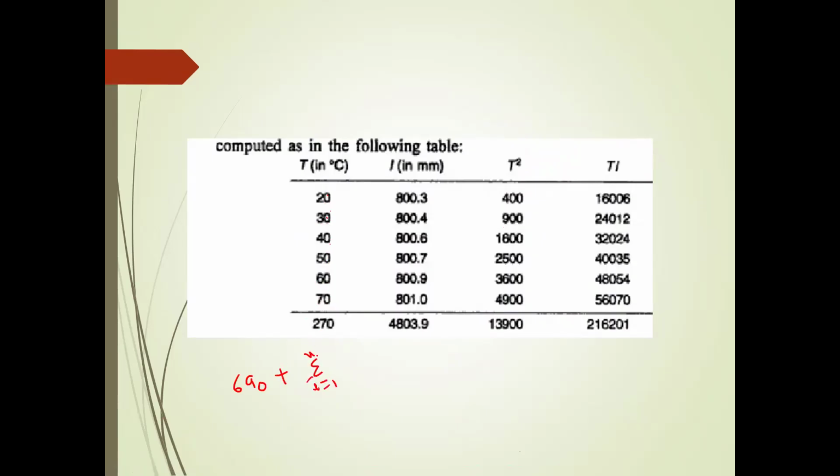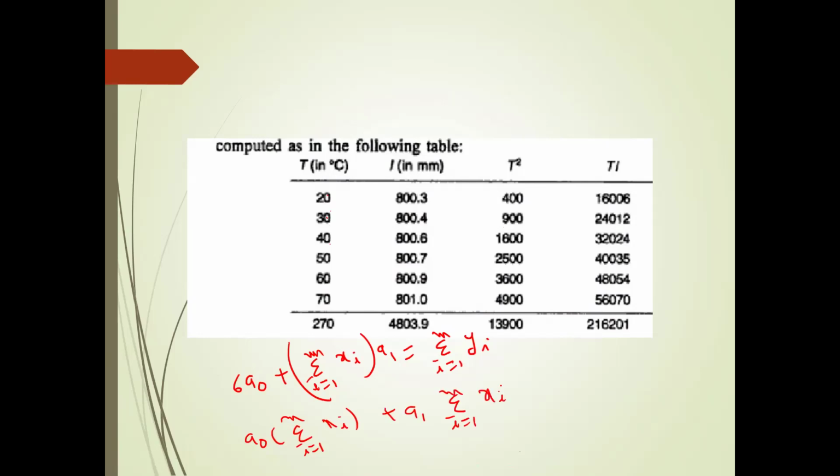Sigma i equals 1 to M xi into A1 is equal to sigma i equals 1 to M yi. Next, A naught into sigma i equals 1 to M xi plus A1 into sigma i equals 1 to M xi square is equal to sigma i equals 1 to M xi yi. This is our problem.